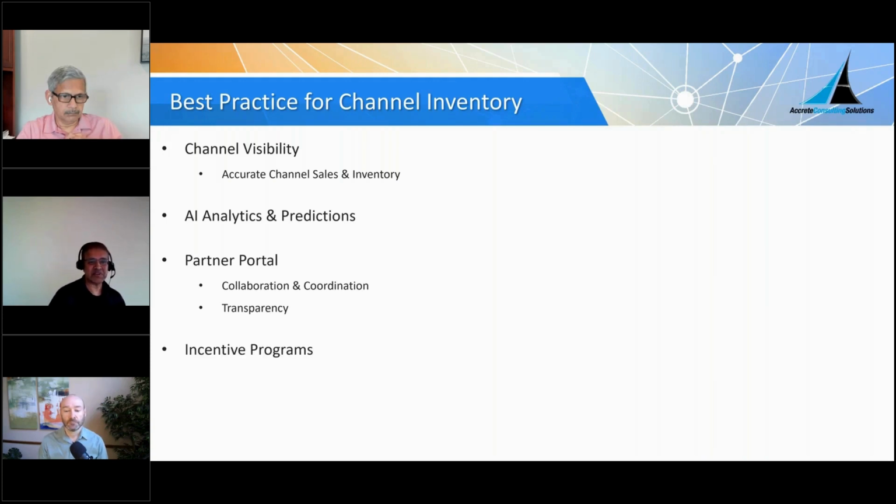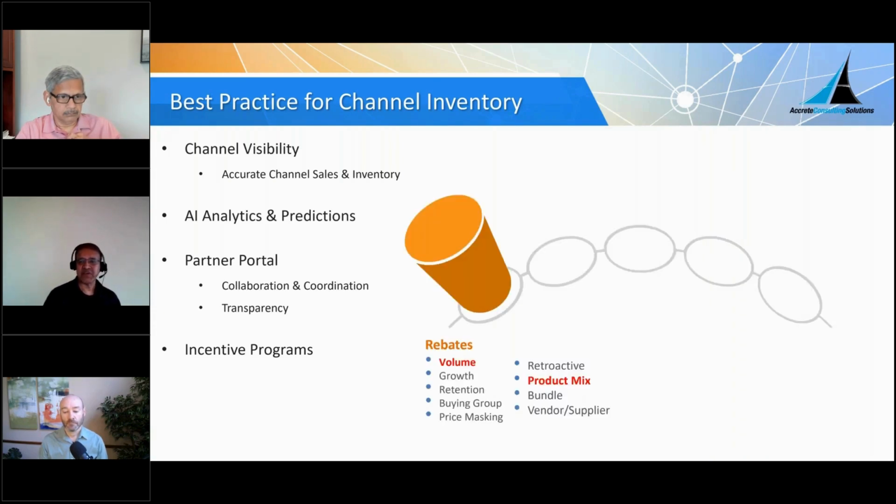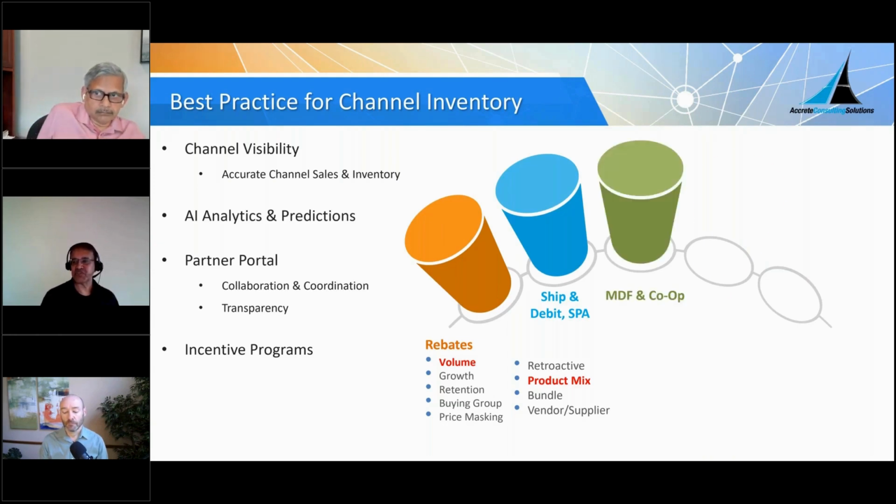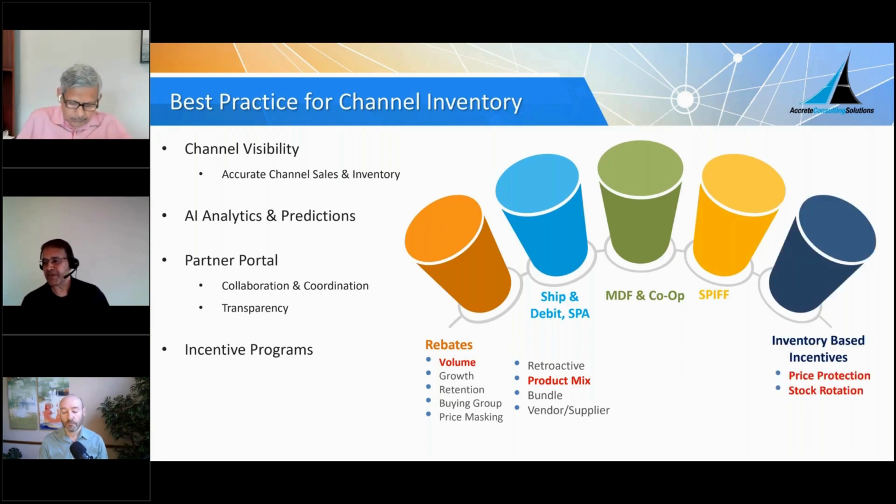And of course, one of the key things to manage your inventory is running incentive programs specific to your inventory to push that out. And we support a wide variety of incentive programs. For example, rebates, various types of rebates, ship and debit, special pricing agreement, MDF and co-op funds, SPIFs, and of course, inventory-based incentives.